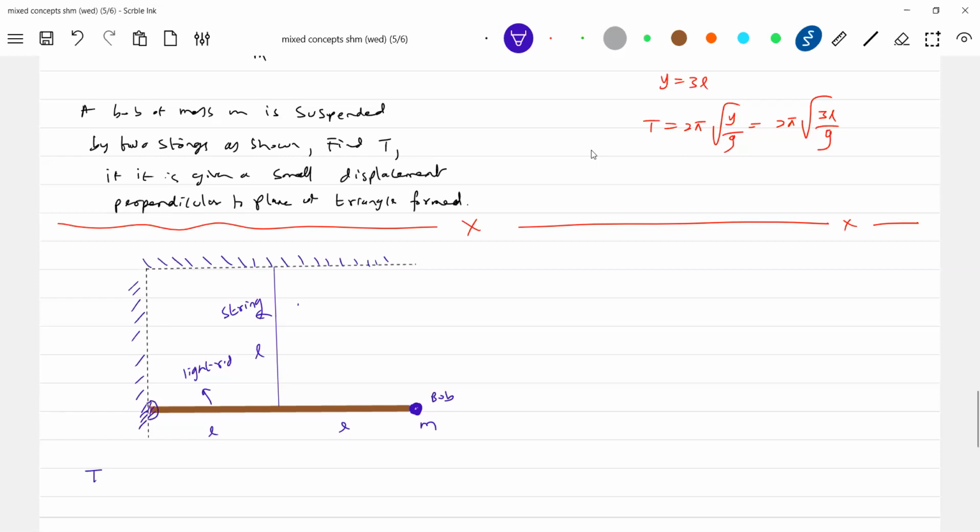The bob is slightly displaced perpendicular to the plane of the rod and string.